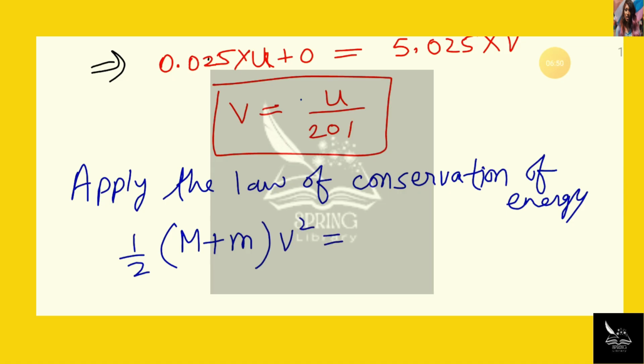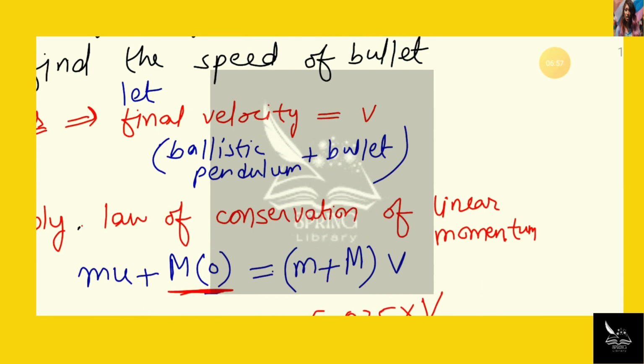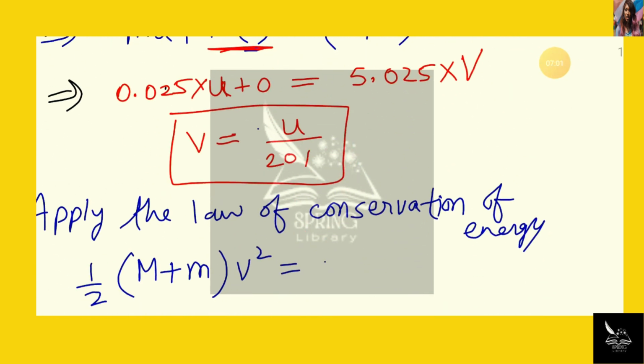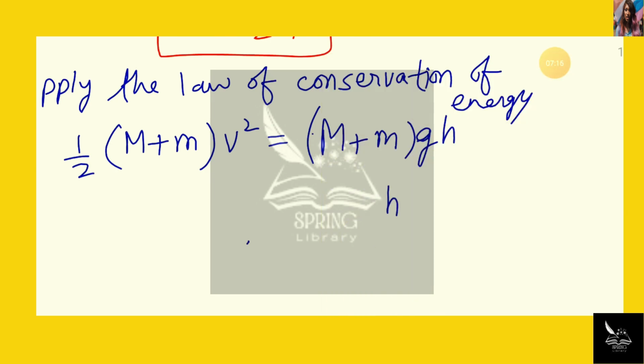That means the kinetic energy after collision is converted into potential energy, so on the right side it is (capital M plus small m) multiplied by g multiplied by h, where h is the vertical displacement.